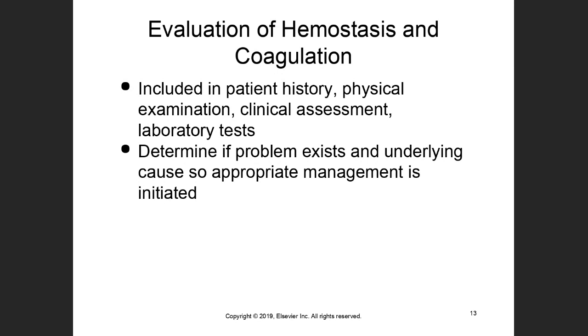Okay, PT and PTT, secondary hemostasis, clotting factors. Bleeding time, primary hemostasis, platelets. Okay, that's extremely important. If you have prolonged bleeding time, that means you have a problem with platelets. If you have prolonged PT or PTT, that means you have a problem with clotting factors.